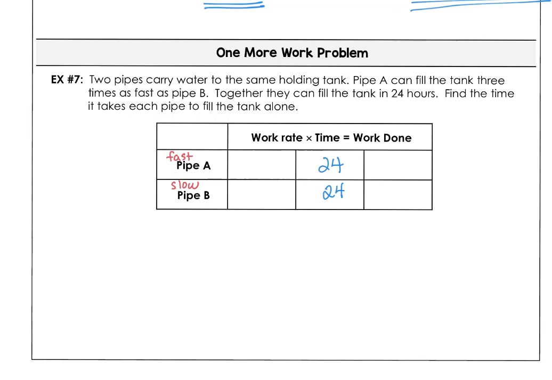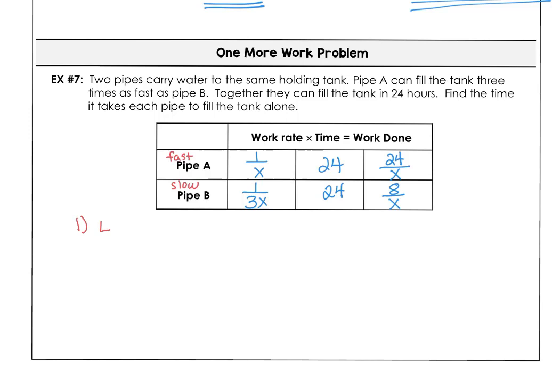If we say the work is done by pipe A at 1 over x, then it's doing the total job in 24 over x, because it works 3 times as fast as pipe B. So pipe B is slower, 1 over 3x. So pipe B is doing the job in 8 over x.